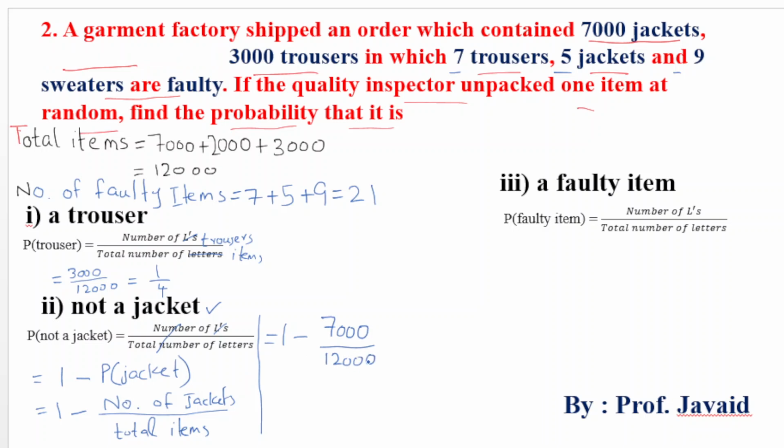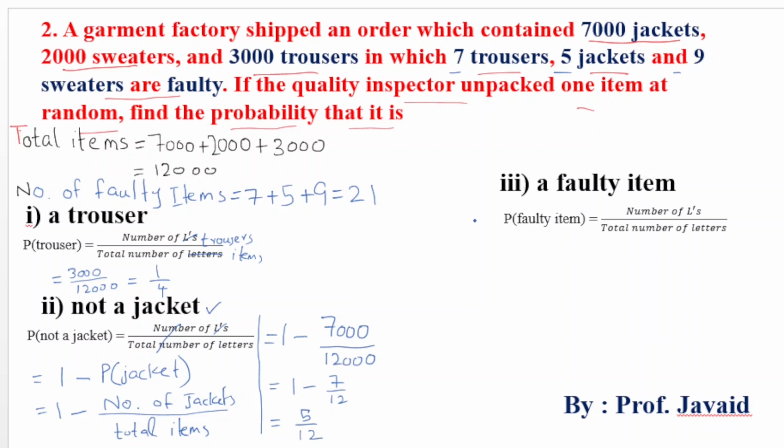You can cancel out these three zeros, so you will get 1 minus 7 by 12. Let me solve with the calculator. So that is 5 by 12. So this is the probability of not a jacket.